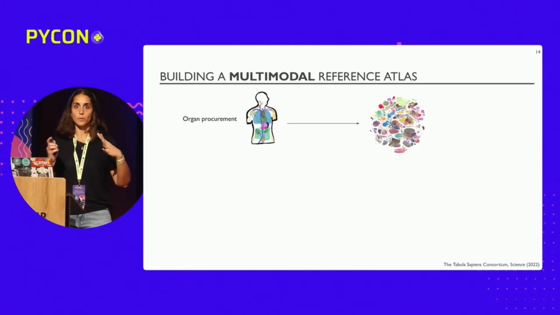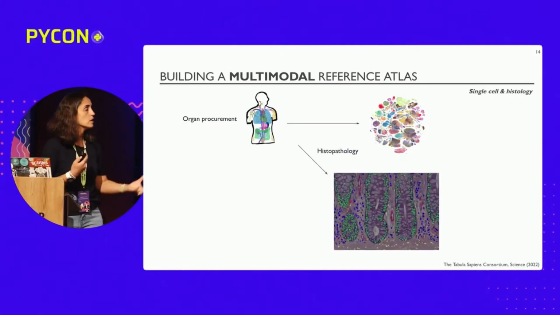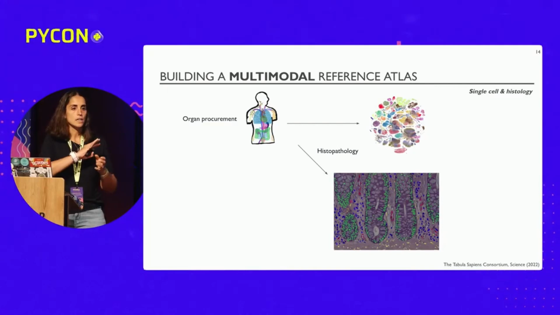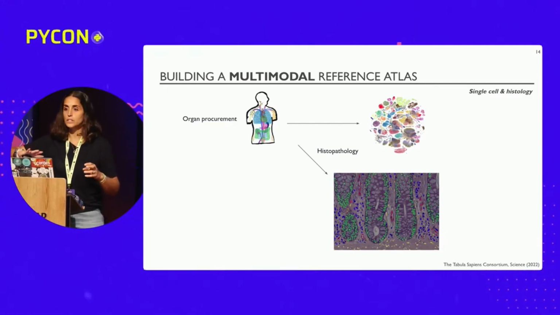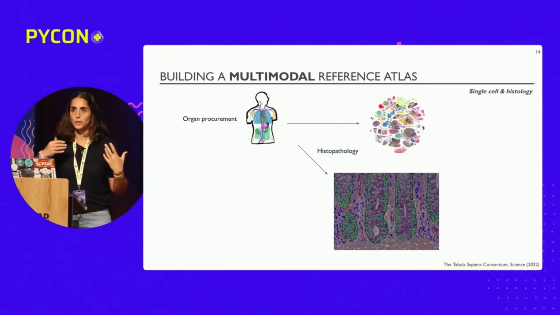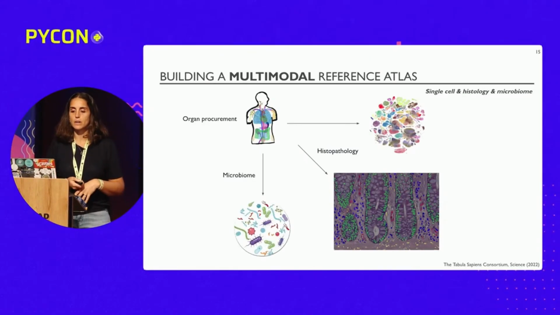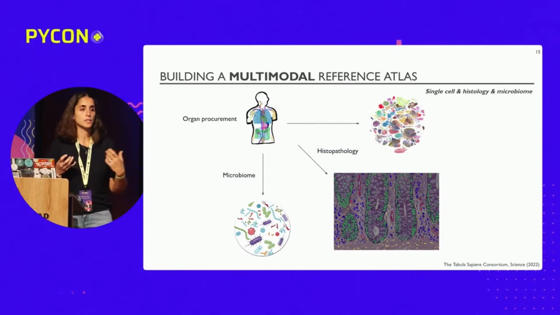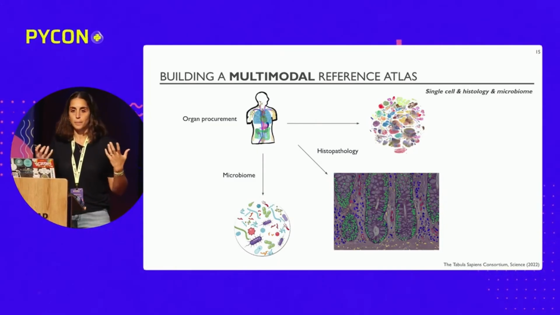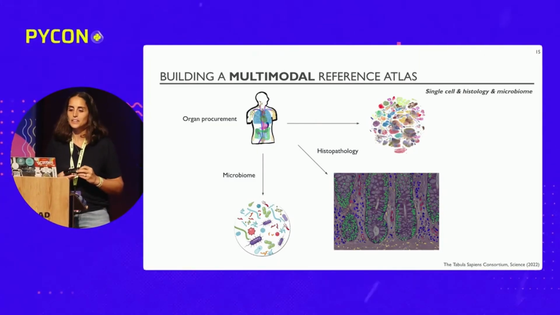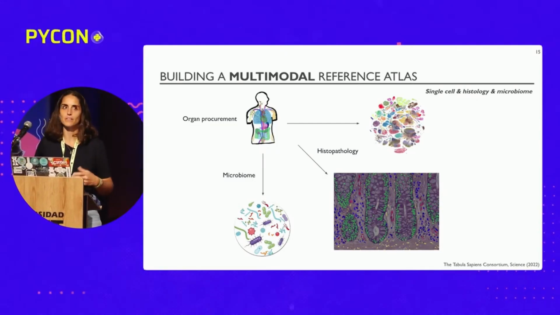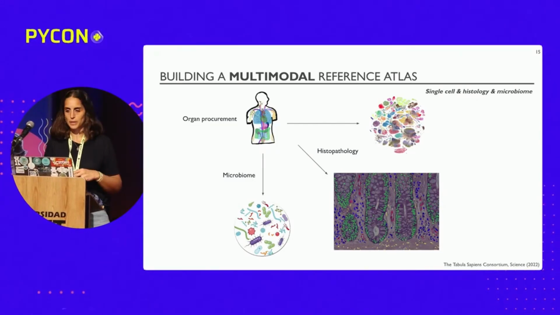But we all know that we have spatial organization. So what we've also collected is all the images of histology, and we have also tissue that could be used for spatial profiling, and also another important component of the human cellular fraction, which is the microbiome, because we have indeed a lot of microbiome cells.